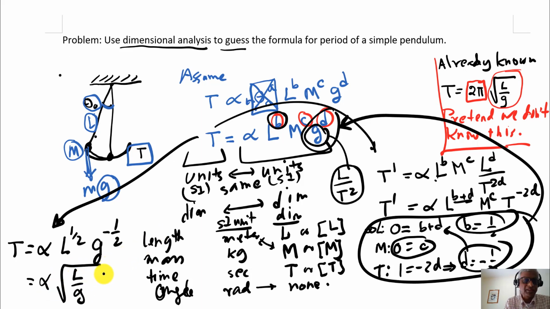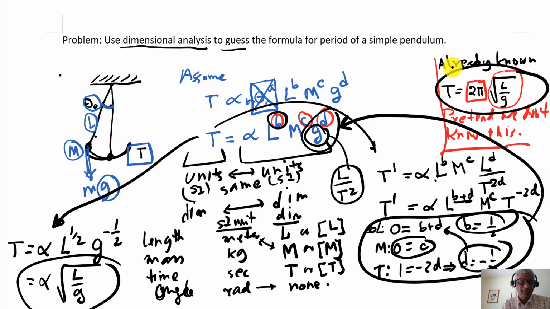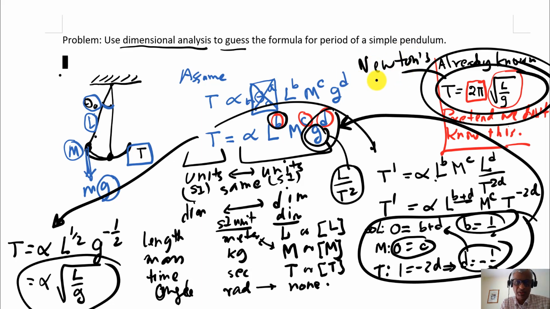You can see that this is very close to the formula we expect, but we didn't have to do all the solving of Newton's equations. You have to solve, and you have to make approximations. It's a very long calculation to get there, but we got there with very little work.